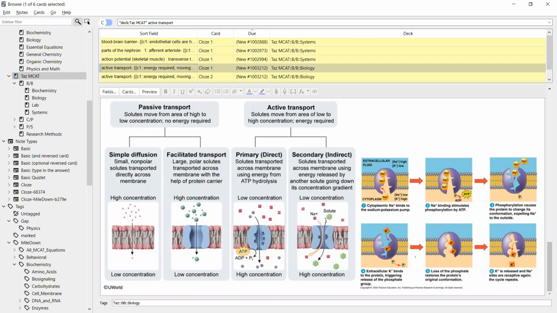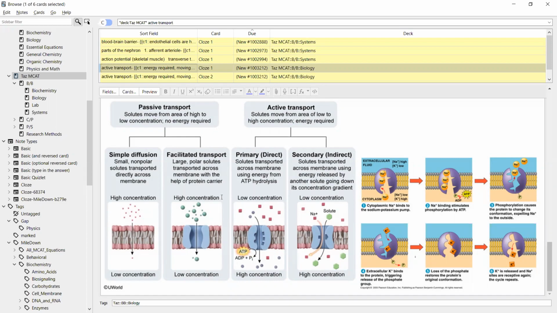The glucose will be taken with it into the high concentration zone. The only reason this works is because we use some ATP in the first place. And so the energy that is released by this going down is also allowing us to take the solute where it doesn't necessarily want to go on its own.